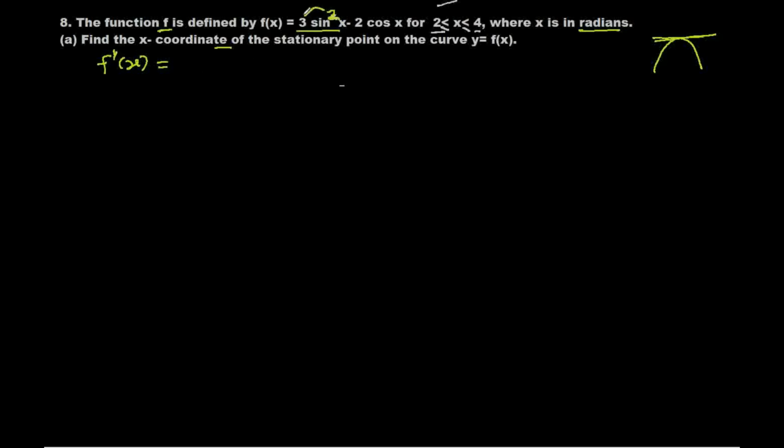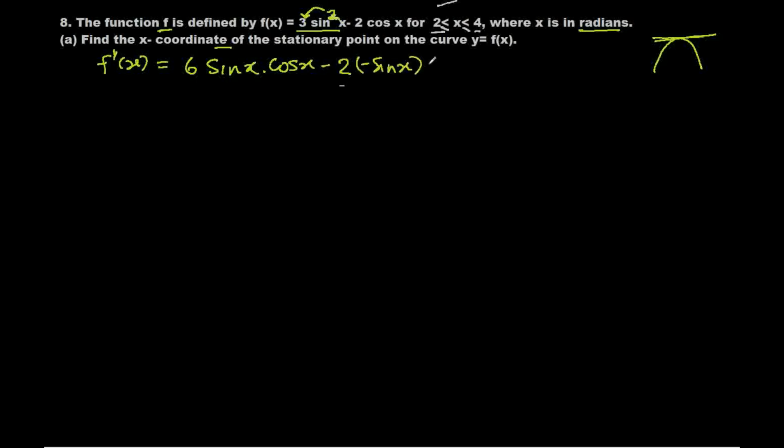This 2 will come and multiply with 3 becomes 6, and the exponent of sine goes down by 1, which is 1 now. But further we have to multiply by the differentiation of the base of the power, which is sine x, and the differentiation of sine x is positive cos x. Minus 2 is a constant, so we just differentiate cos x, which is minus sine x.